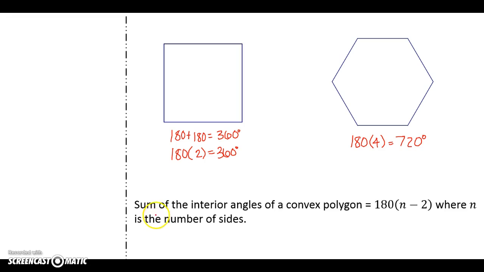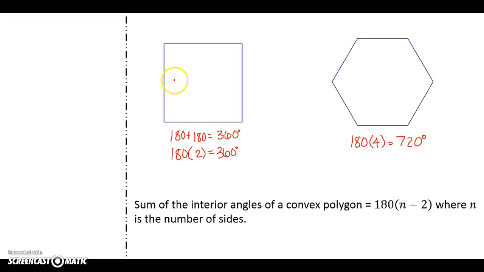So the formula is, if you ever want to find the sum of the interior angles of a convex polygon, so remember convex, not concave, that's going to equal 180, because notice in both of these we're seeing how many triangles there were, so 180 times (n minus 2), where n is the number of sides.